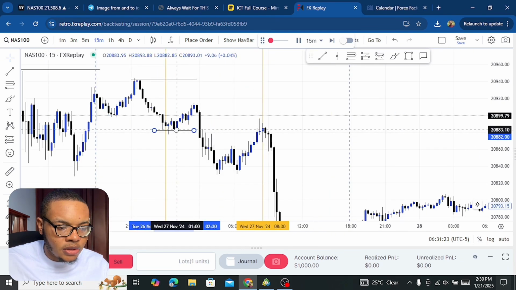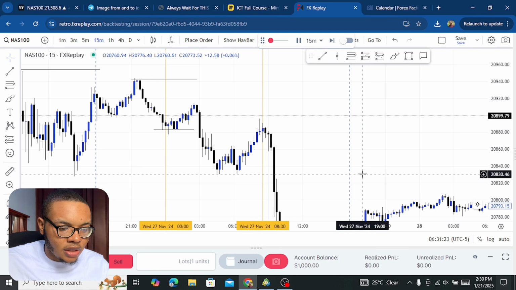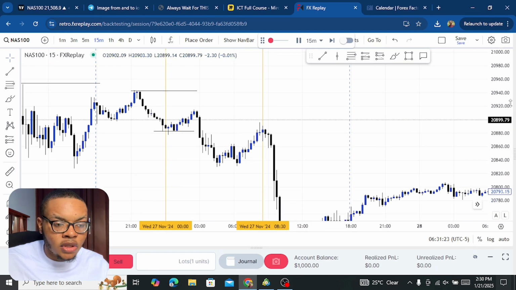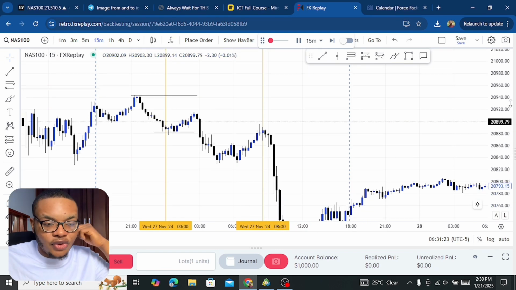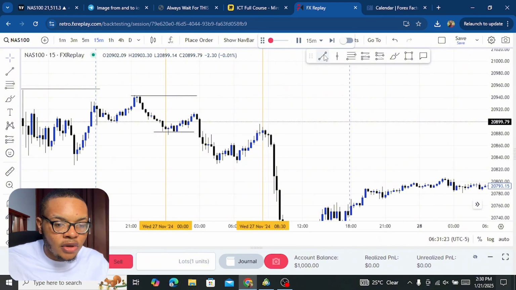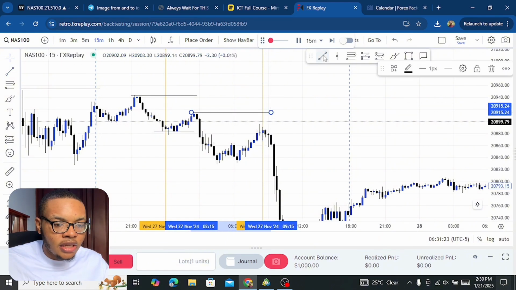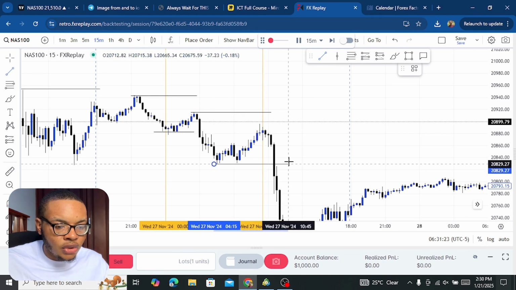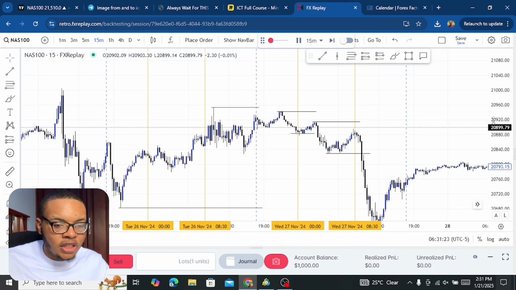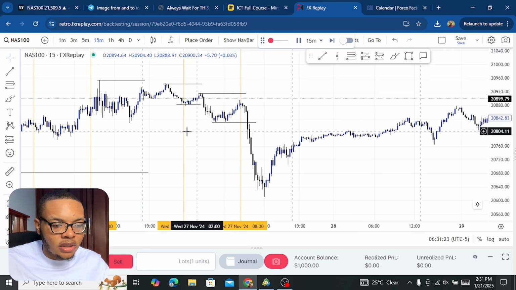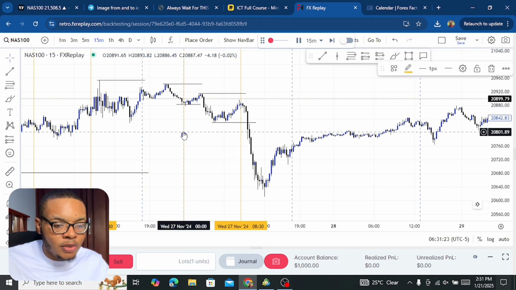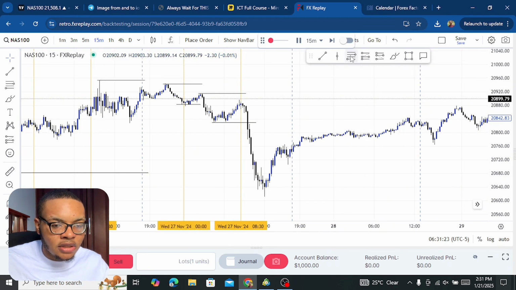This is the lowest point in Asia. Yes, it's a swing low. I have a way of noting swing lows, but I don't want to go into that. We're being very detailed with this video. So this is London highs, and this is London lows. I'm going to be telling you something later on. You'll see a similarity between all of them. Let's move over to the next trading day.